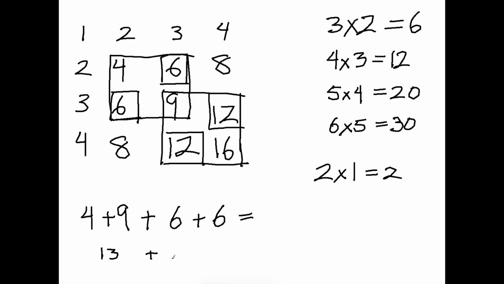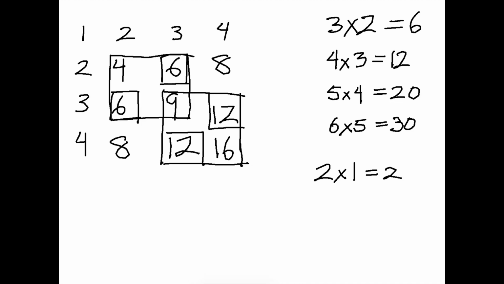And then 6 and 6 gives us 12. And so that obviously gives us 25. As it turns out, 25 is indeed a square. It's the product of 5 and 5. So that works beautifully. So if we add up all the numbers inside this little box, we discover that we've got a square, which is a really cool relationship.